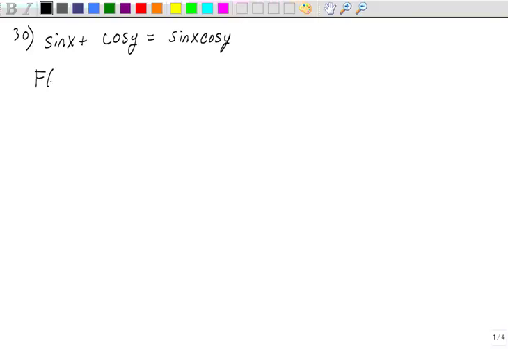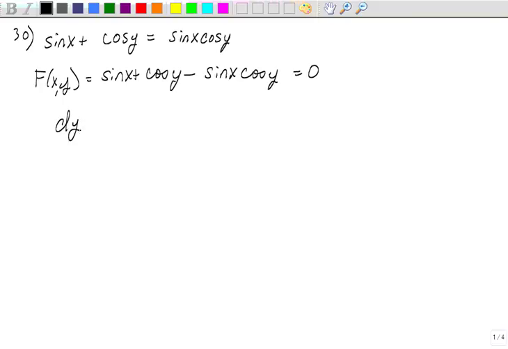Okay, so f(x, y), bring everything on one side. We have to have that equal to 0. Then what we want to find is dy/dx.